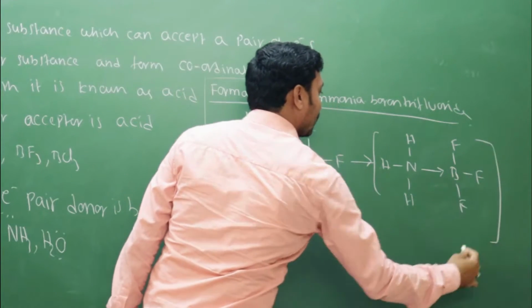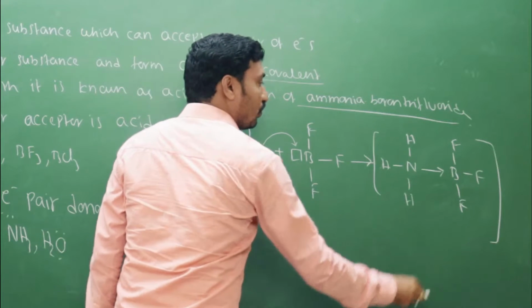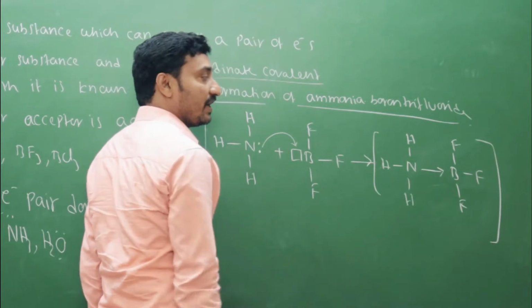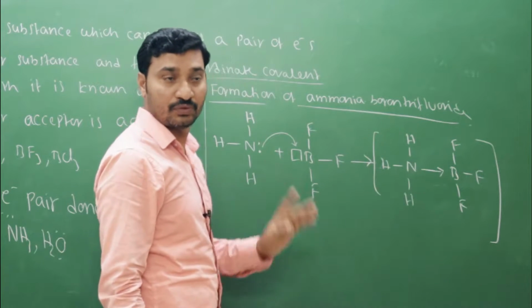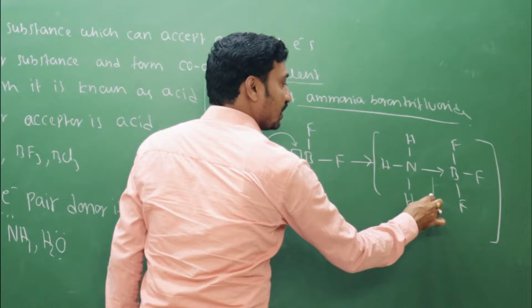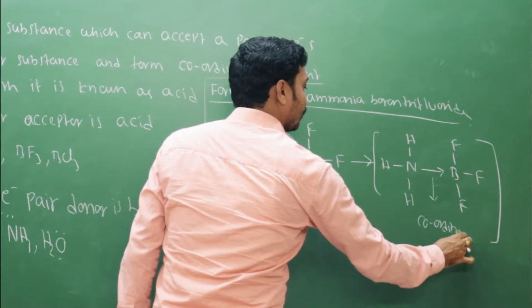This is the ammonia boron trifluoride molecule. Now why is the arrow towards boron? Because nitrogen donates a pair of electrons to boron. So this arrow indicates a coordinate covalent bond.